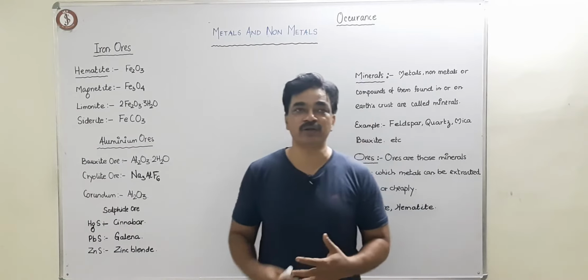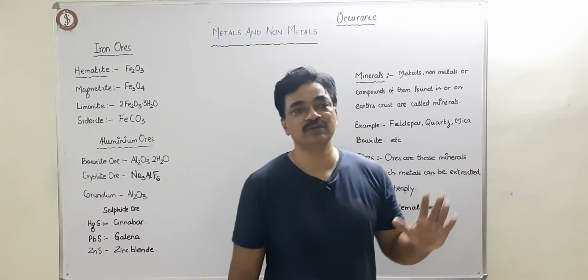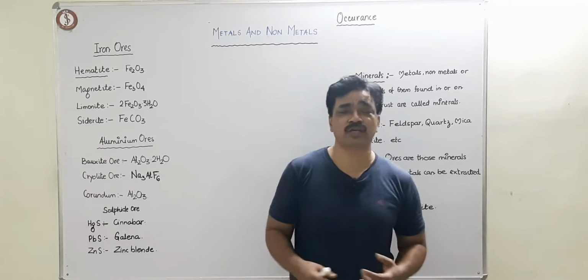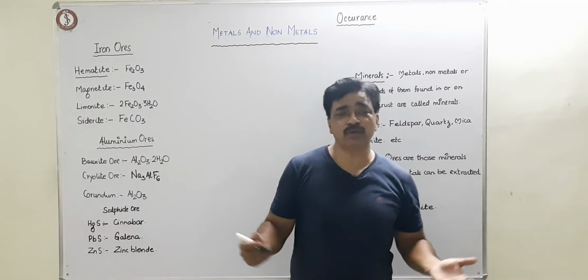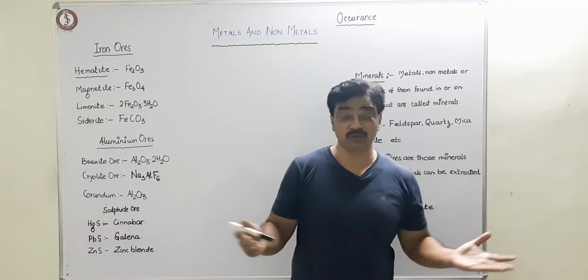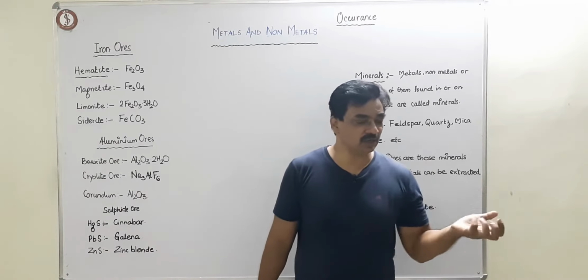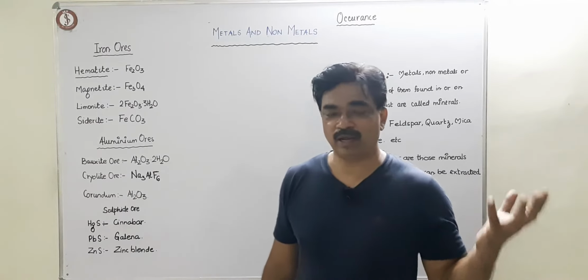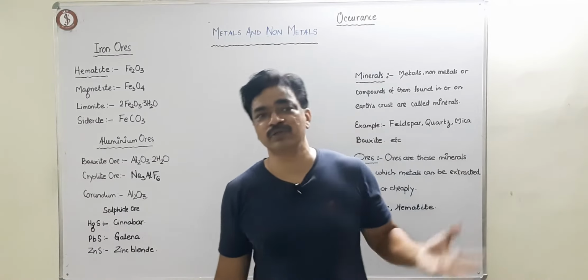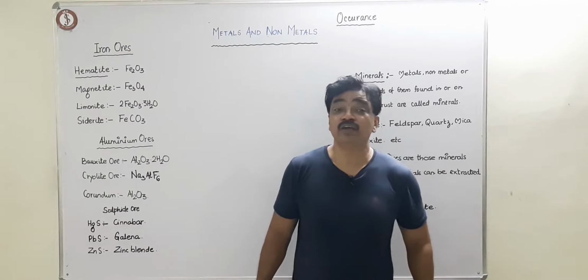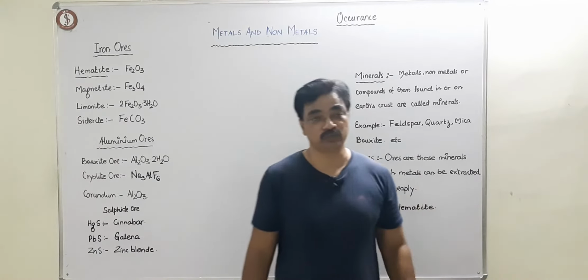For example, potassium will be present as potassium chloride or potassium hydroxide. In the same way, sodium may be present as sodium hydroxide, or sodium is present in what? Salt. So the more reactive metals are present in nature or on Earth's crust in the form of their compounds.